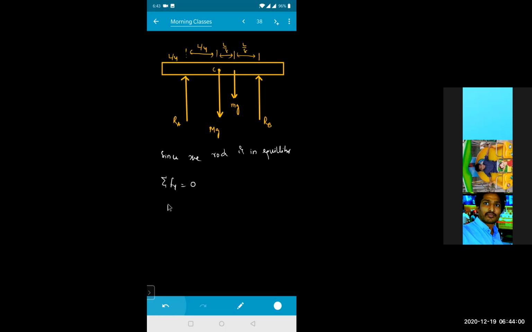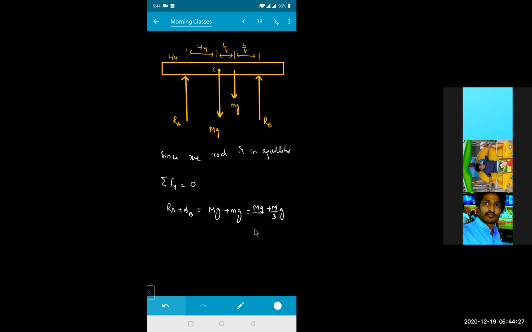So RA plus RB must be equal to all the downward forces: capital Mg plus small mg. Small m value is given as M by 3. So this is Mg plus M by 3 into g.